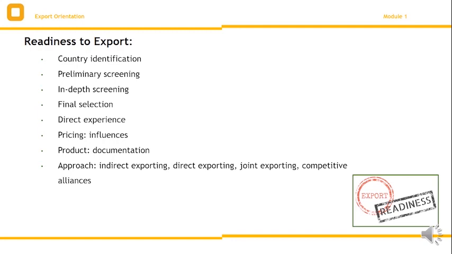Or are you going to go into what we call joint exporting or joint alliances? So you also need to decide on the approach that you are going to use to enter the export market. So in assessing your readiness to export, make sure that you look at all of these factors so that you check that you are indeed ready to export your product or your service.